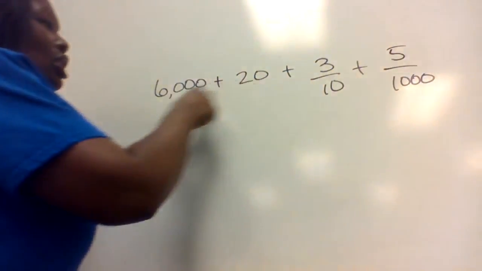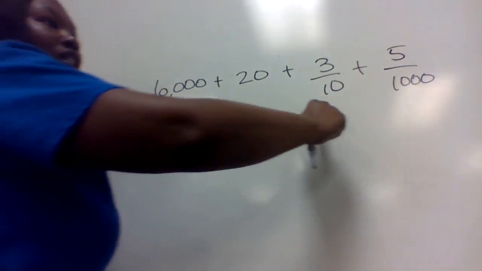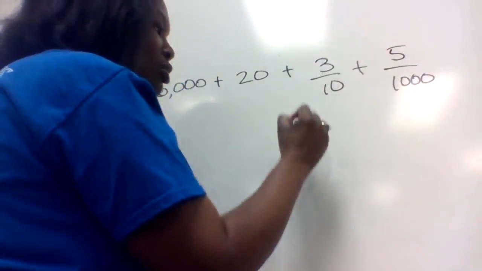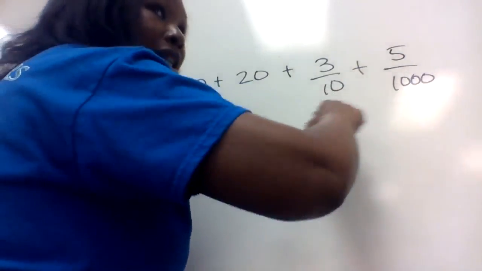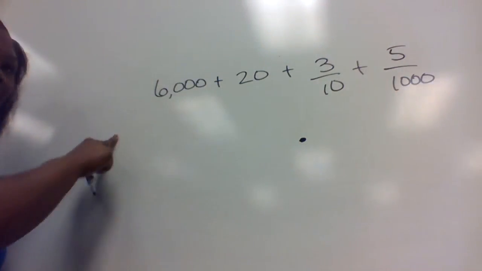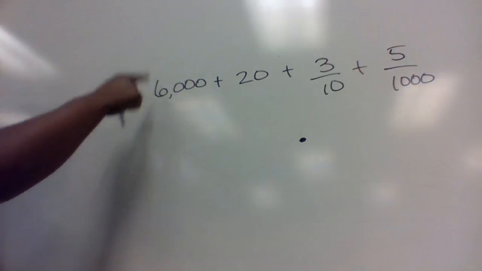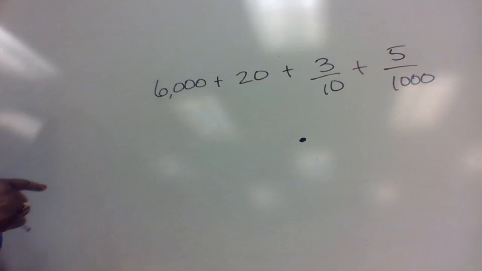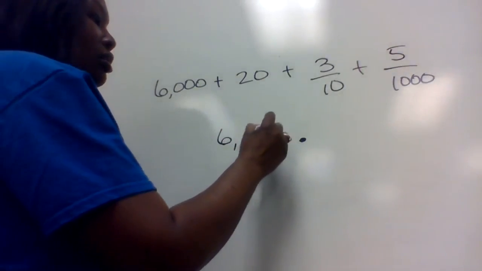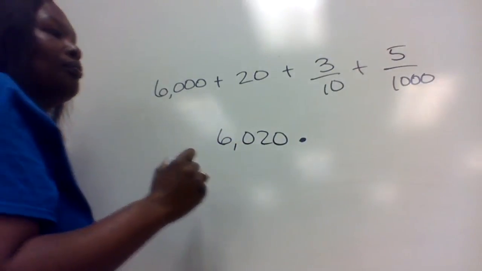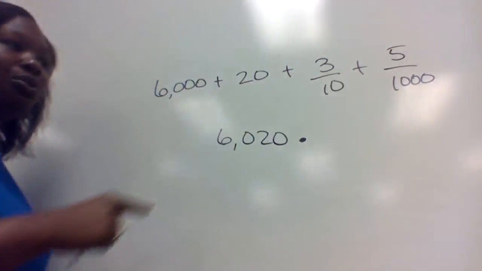Now, these are whole numbers, right? These are fractions or decimals. So I'm going to put a dot when I talk about my decimals. Everything else, my whole numbers, go in the front. So 6,000 plus 20 is 6,020. All right, 3/10. How do you write 3/10?